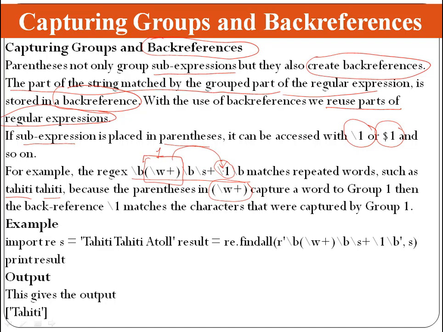So it captures a word into group 1, and then the back reference \1 matches the characters that were captured by group 1. It keeps in mind that whatever has been captured by group 1 should be repeated over here, which is why it has been back referenced.